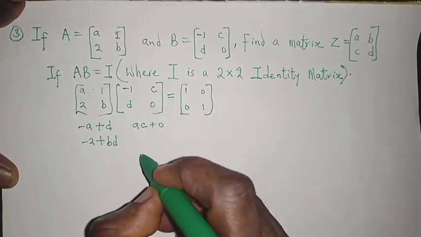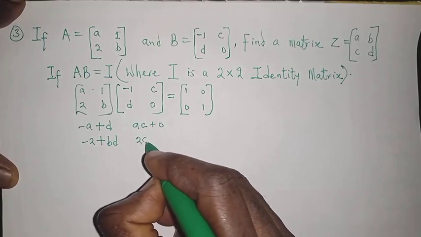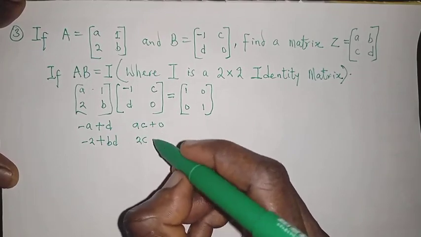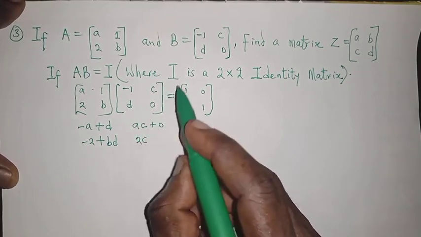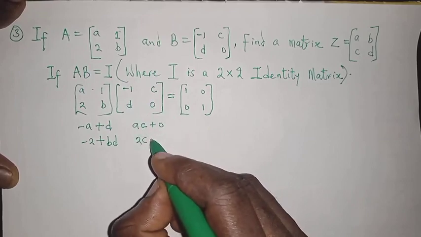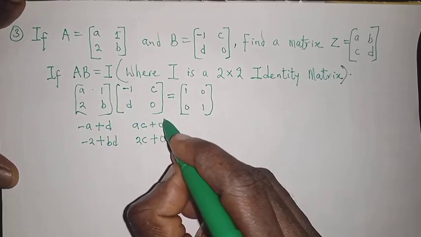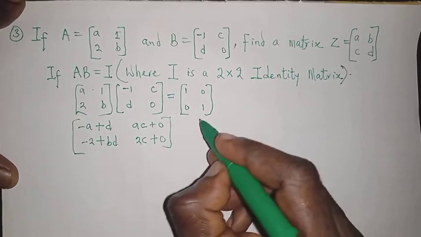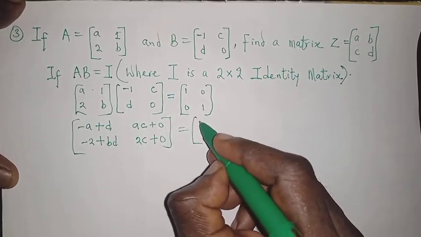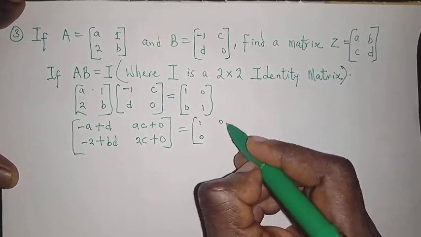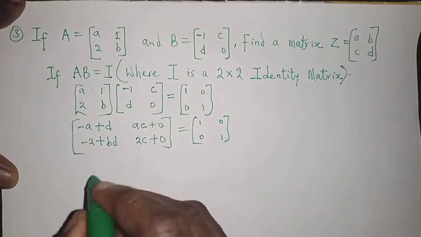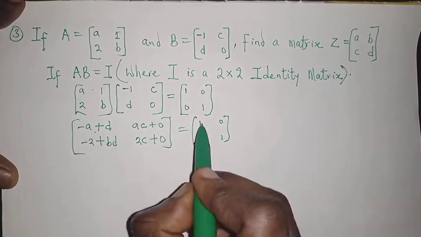And this times this is going to give me 2C, plus 0. And we're saying that it's going to be equal to a unit matrix. Okay, so I can pick them one after the other and start equating.